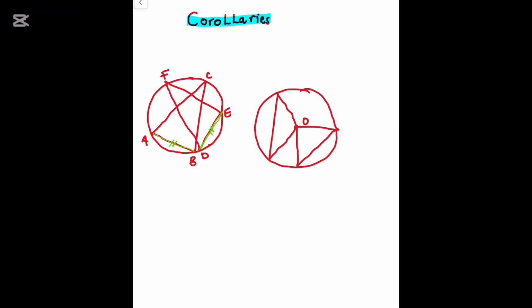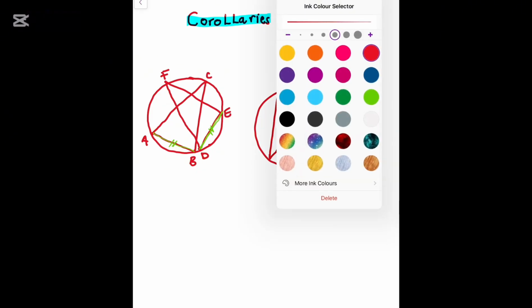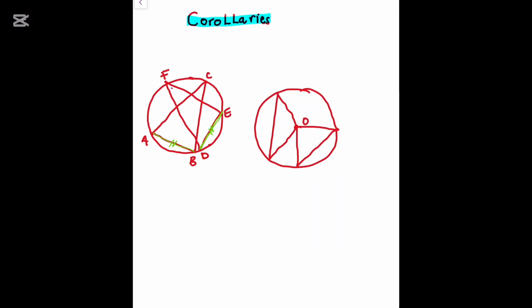That simply means angle F here will be equal to angle C. So equal chords subtend equal angles. Here we can say angle F is equal to angle C, and the reason is equal chords, equal angles.